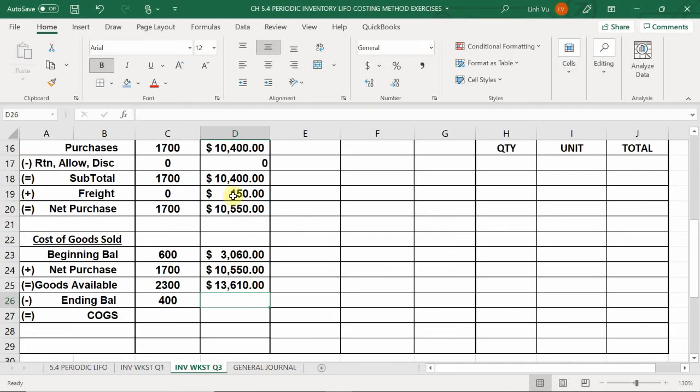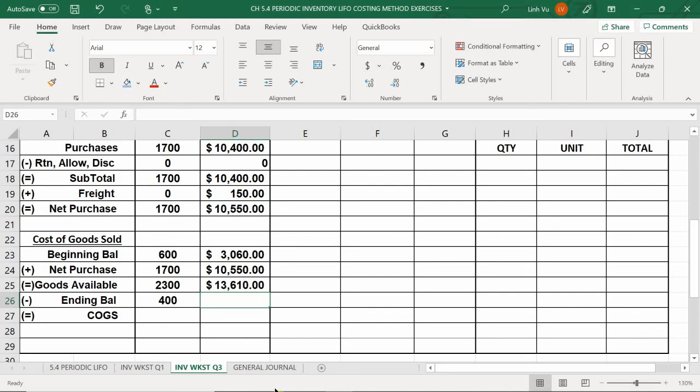So we add these two numbers together to get our grand total of goods available to sell. In this case, I have 2,300 units at a grand total cost of 13,610, because I just added those two numbers together. This is what I have available to sell.